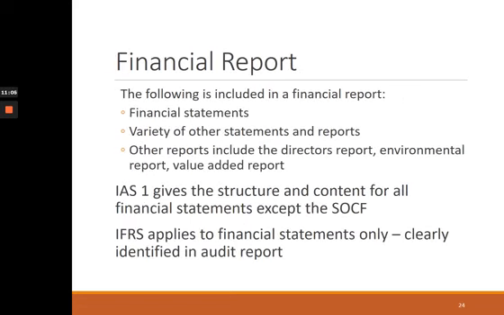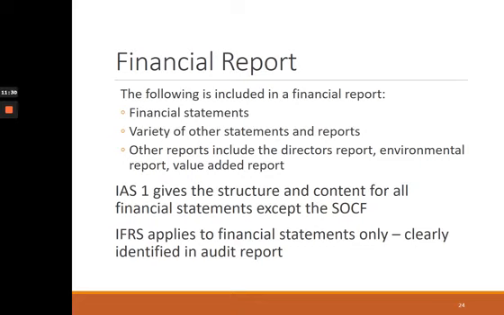Our financial report is the report that includes all our financial statements and a variety of other statements and reports. These other reports would include things such as your director's report, your auditor's report, your environmental report, your value-added report. So IAS 1 gives you the structure and content for all your financial statements except for your statement of cash flows.